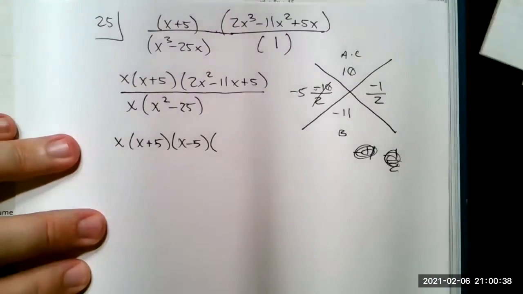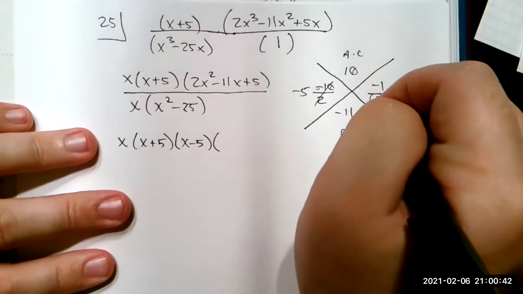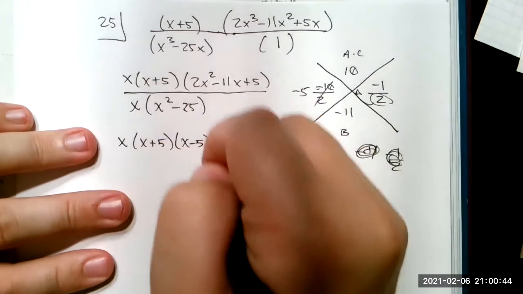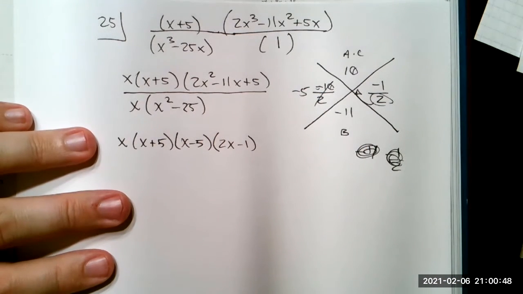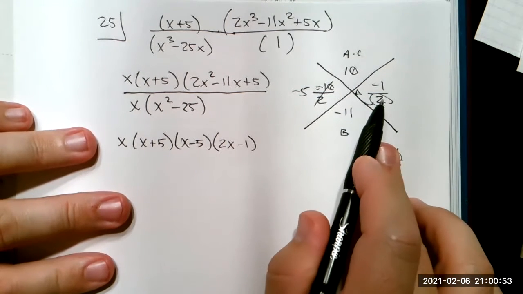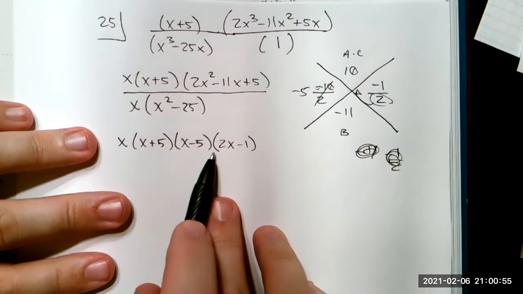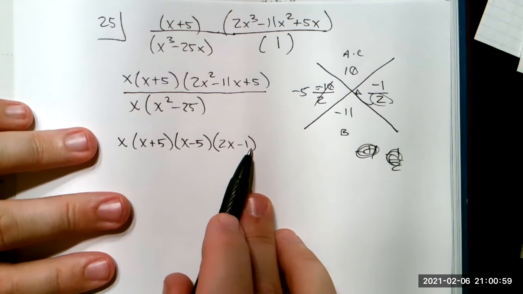So here's what's happening. I've got negative 1/2, so that bottom's going to come up. So it's going to be 2x minus 1. Why is it minus 1? Well, because the number's a negative 1/2. So the 2 comes up as the coefficient, and then it's 2x minus 1.